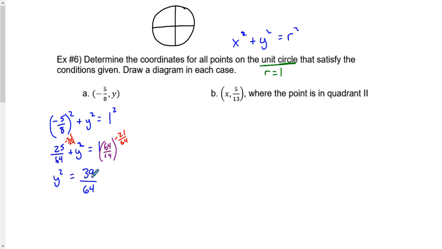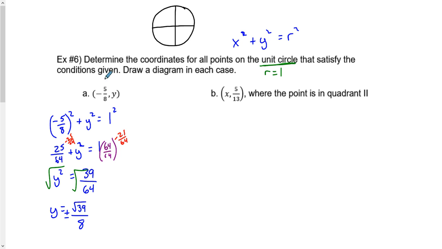Doing my math right? Yep. And then we square root. But here's the trick. Square root of the top is just 39. Actually, it's not, but we'll get to that in just a second. The square root of the bottom of 64 is 8.